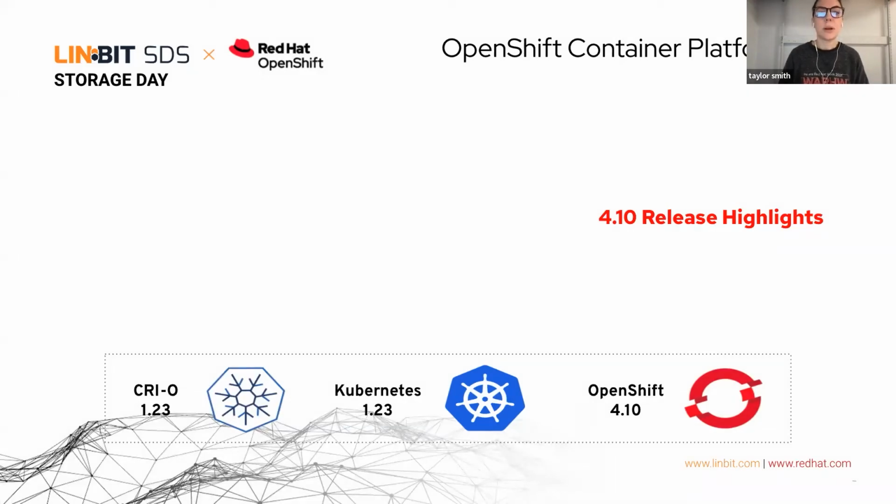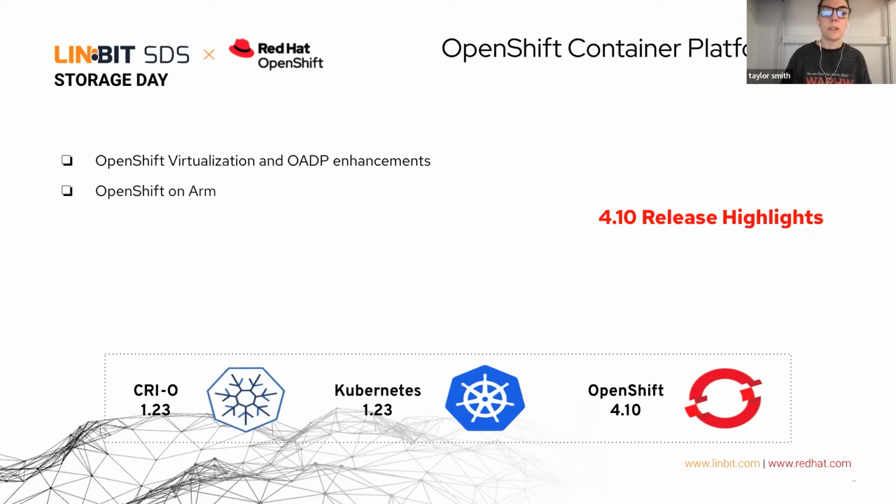So here, I just want to quickly call out several specific feature updates and enhancements in the latest 4.10 release that came out this past March. So for 4.10, here are a few of the highlights. OpenShift Virtualization continues to grow and advance, especially as Red Hat Virtualization moves towards sunsetting in the near future. OpenShift on ARM architecture is GA.